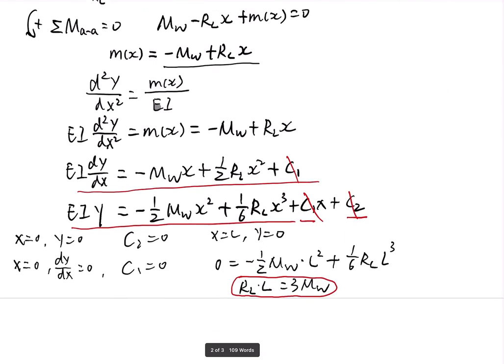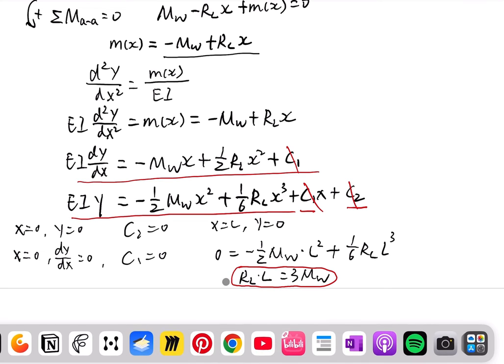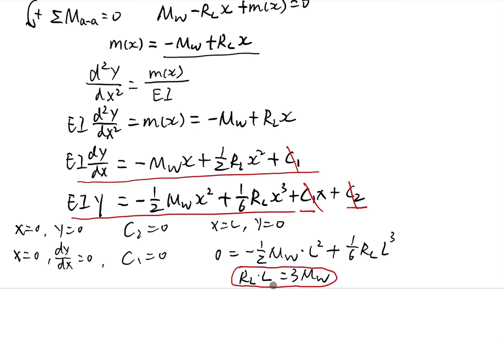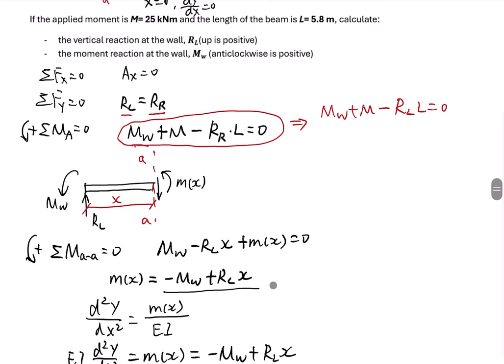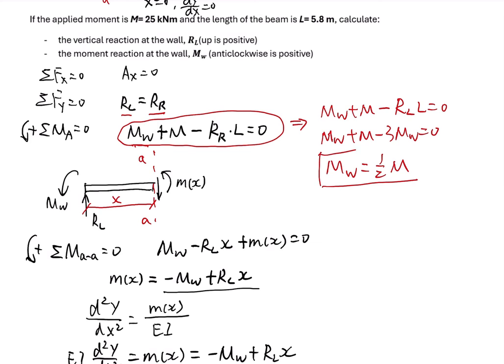And from here we know RL L equal to 3 times MW. Okay, we put it here, so it's MW plus M minus 3 MW equal to 0. So we got MW equal to 1 over 2 M. Okay, so we got this result. So this is the bending moment at the wall support, MW.